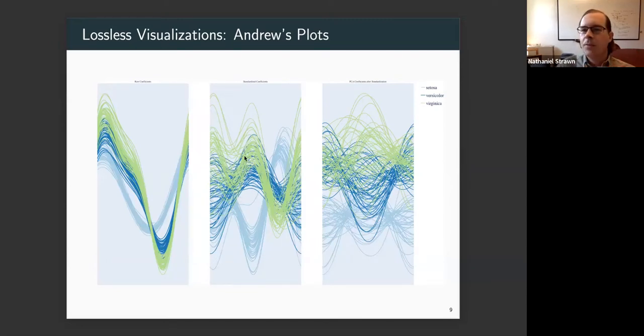Everything is living on top of each other. Especially when you go from raw coefficients to standardized coefficients, and then instead of using just the raw embedding, use PCA scores to construct your Andrews plot, things get a little squiggly, in scare quotes.